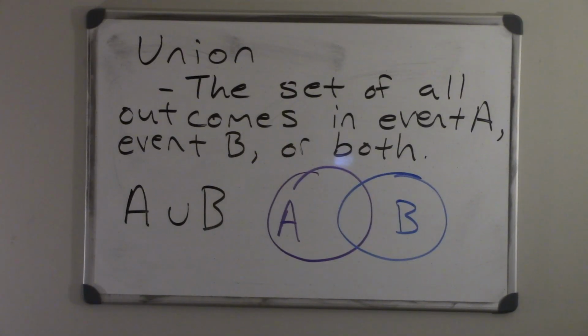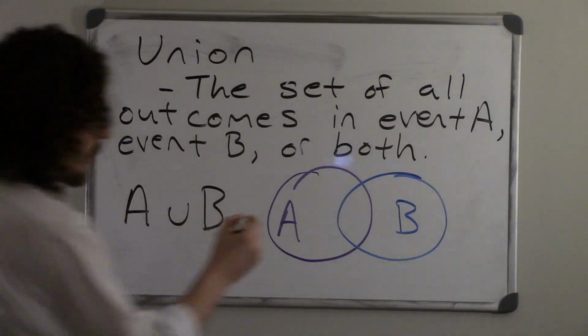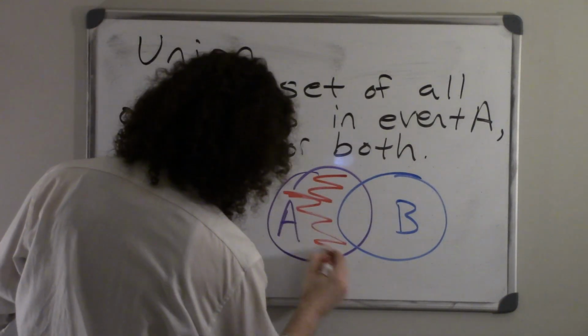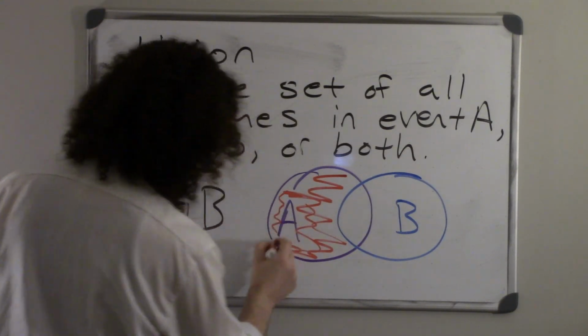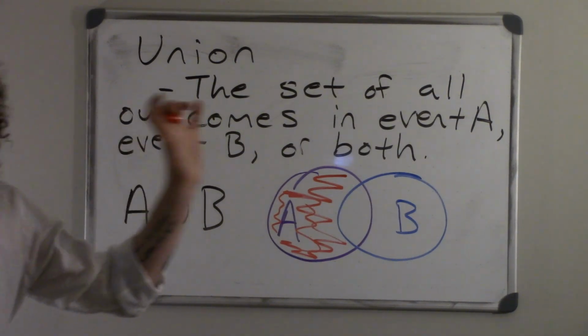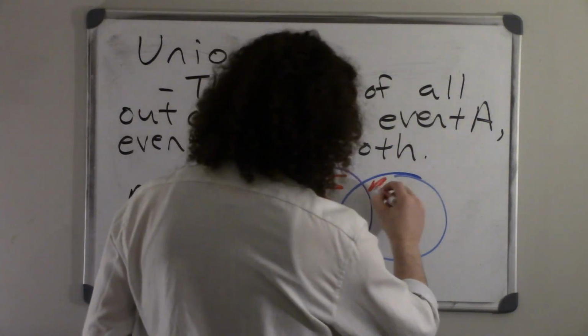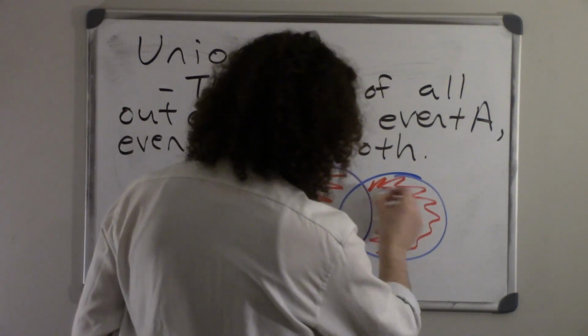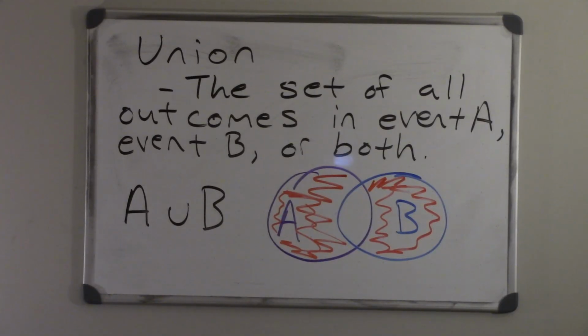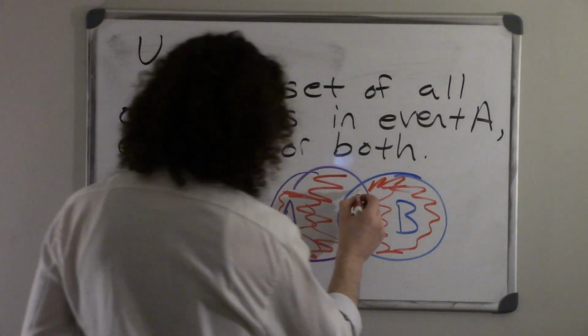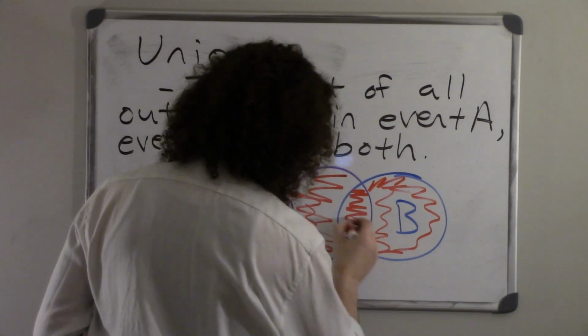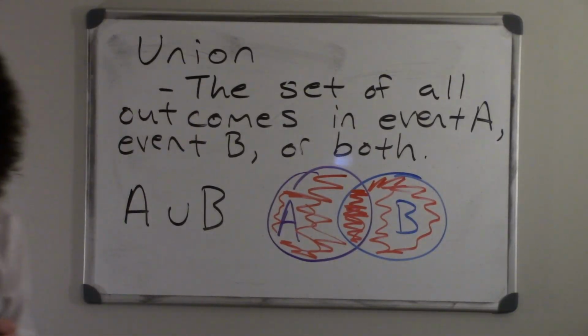For the union of two events, we're going to look at all of the outcomes in A, all of the outcomes in event B, and all of the outcomes in both A and B.